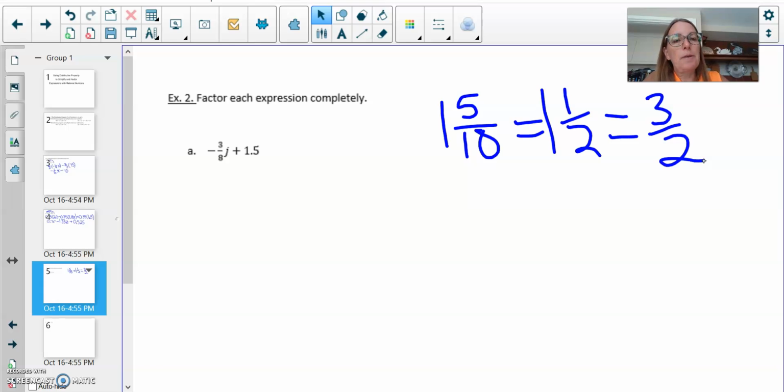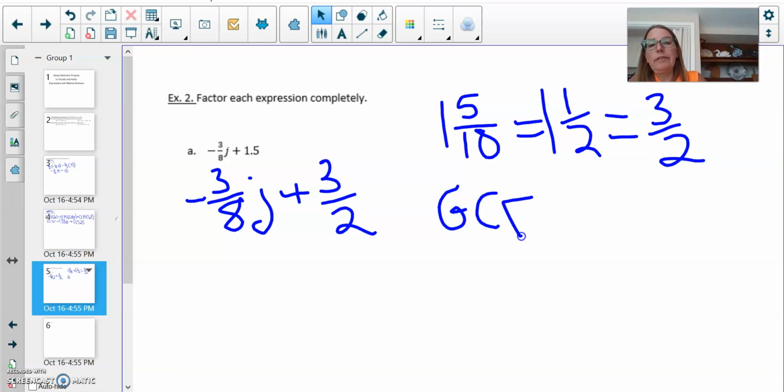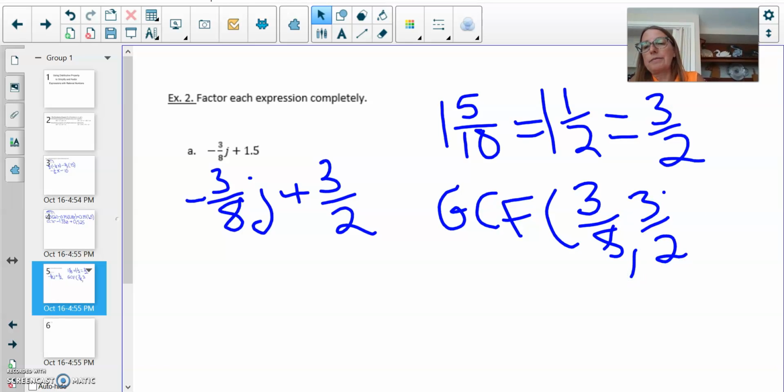So my original expression is negative 3/8 j plus 3/2. And now I'm looking for the greatest common factor of the numbers, the coefficients. So I'm looking for the greatest common factor of 3/8 and 3/2.